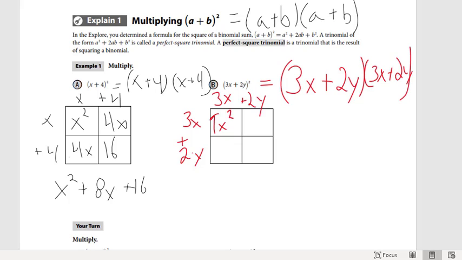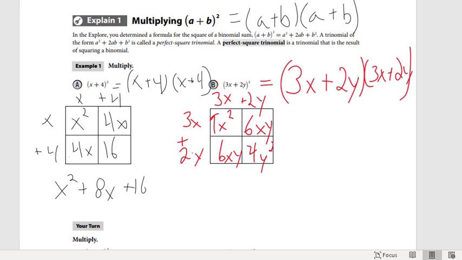Be careful of your x squareds on that. 3x times 2y, 3 times 2 is 6, and then x times y is just xy. 3x times 2y, same thing, so 6xy, and 2y times 2y is 4y squared.